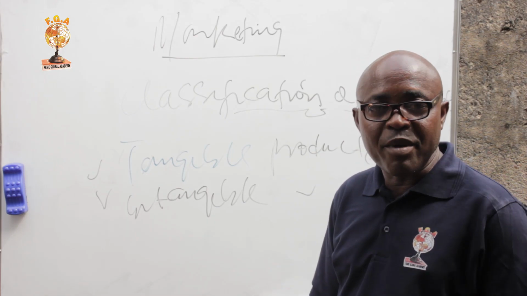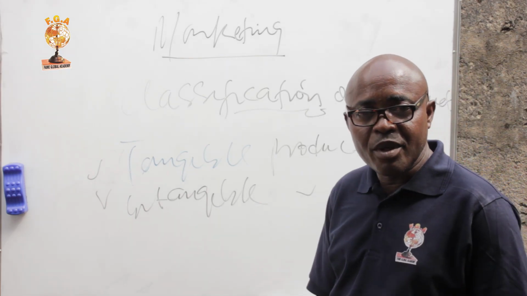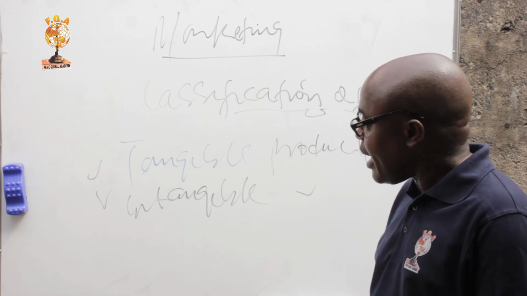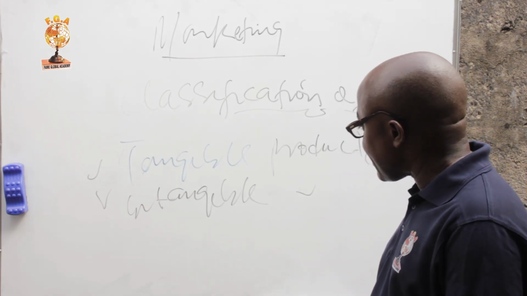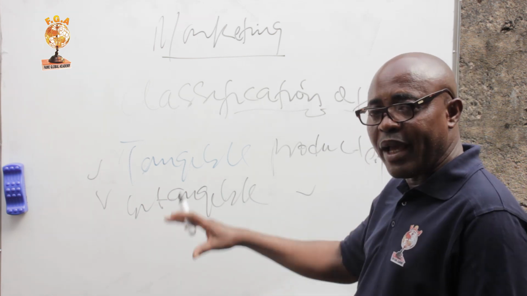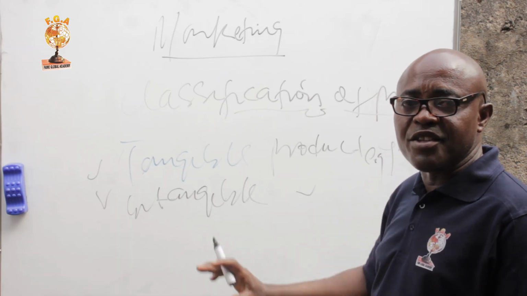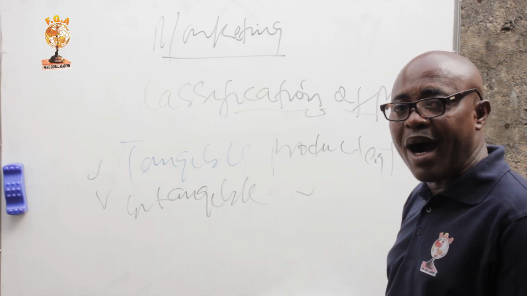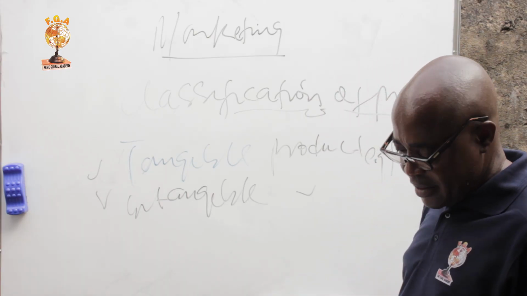What will make you feel happy, what you can eat, and by the end of the day, you go to bed to sleep. Not what you can eat and you sleep in the toilet. So you look out for something that can give you satisfaction. So either of these two ways, people are rendering service, and at the same time, people are producing a commodity that people can see and pick.